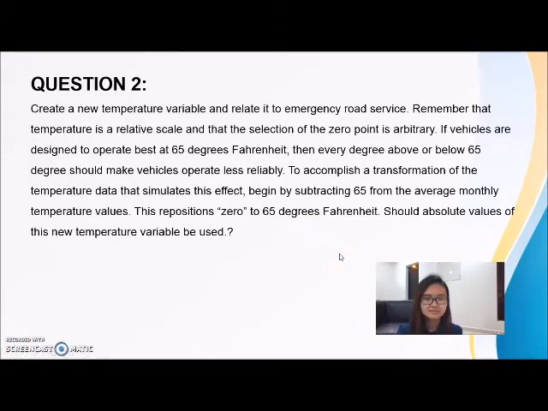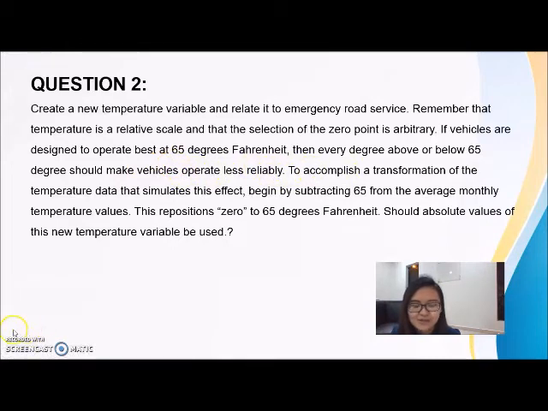For question 2, create a new temperature variable and relate it to emergency road service. Remember that temperature is a relative scale and that the selection of the 0 point is arbitrary. If vehicles are designed to operate best at 65 degrees Fahrenheit, then every degree above or below 65 degrees should make the vehicle operate less favorably.